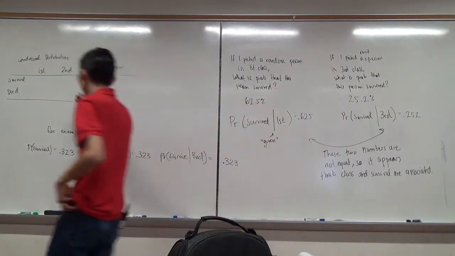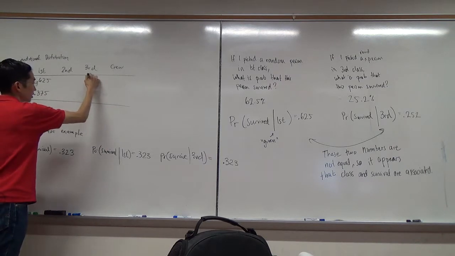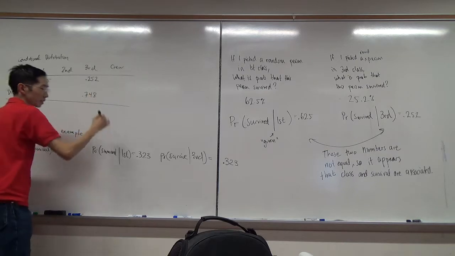We said the chance that somebody survives in first class was 0.625, and that means we have 0.375 over here, and over here we had 0.252, which means we have 0.748 right there.